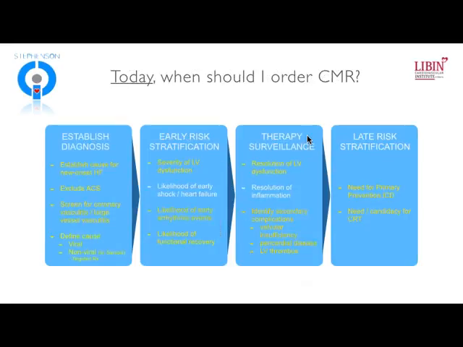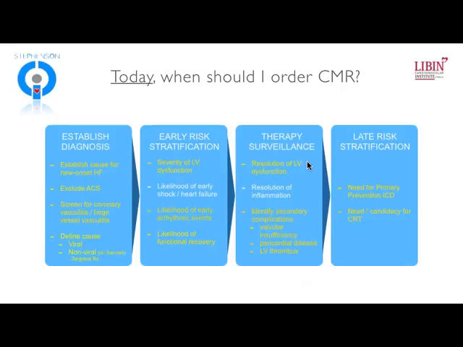So when should you order a cardiac MRI practically? Well, I think that we can safely say that it's reasonable to order a cardiac MRI to establish the cause of new onset heart failure. I think that there's enough body of literature suggesting that it's a valuable tool, that it's had recent robust appropriate use criteria assignments within guidelines, and I think that it is not an unreasonable test to order in somebody with new onset heart failure.